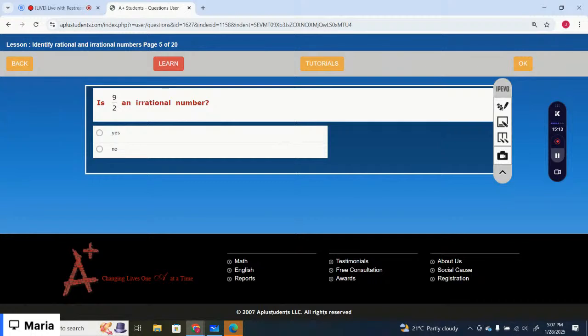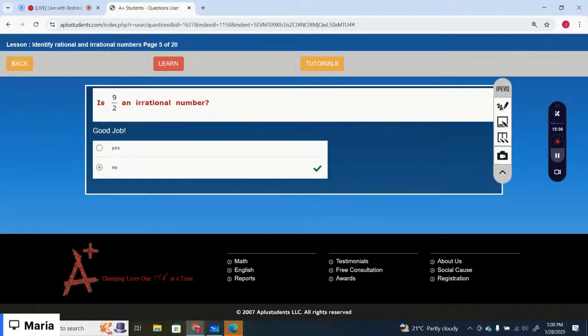Is 9 by 2 an irrational number? No, that is a rational number.